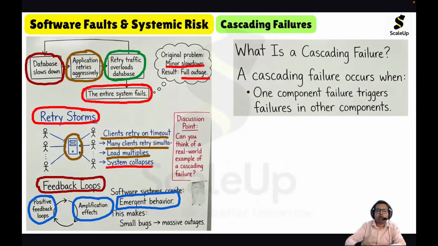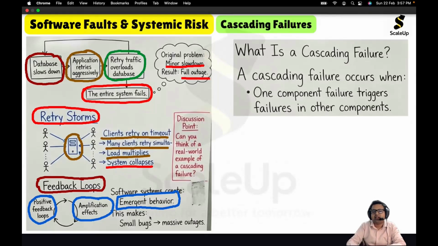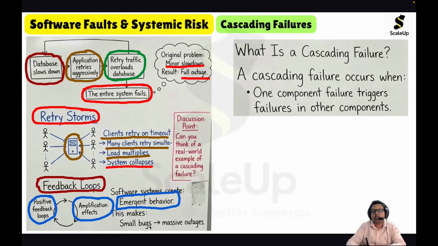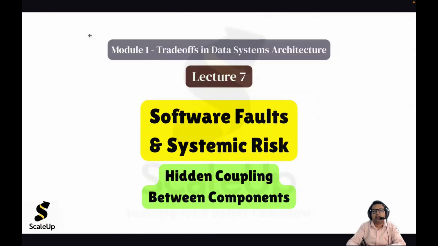This makes small bugs into massive outages. So in cascading failure, we realize that even small bugs in software systems can lead to massive outages.